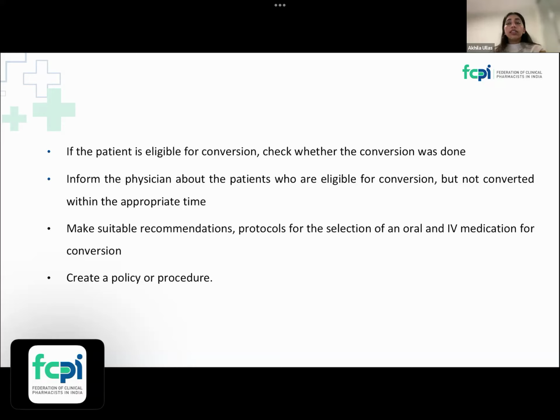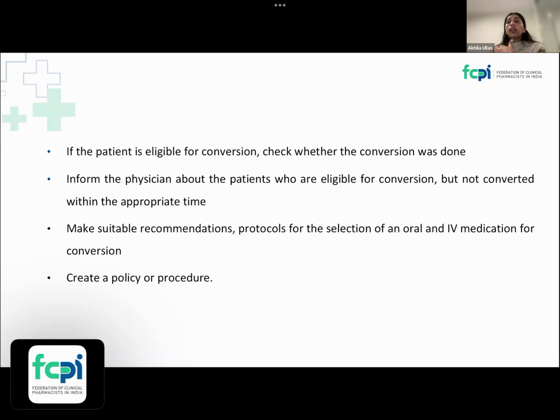It is your responsibility as a clinical pharmacist to ensure the conversion was done or not, and inform the physician about patients who are eligible for conversion but not converted within the appropriate time. You need to inform the physician about the patient's condition, because you can tell them the patient's condition is improving, whether we can change IV to oral or oral to IV.